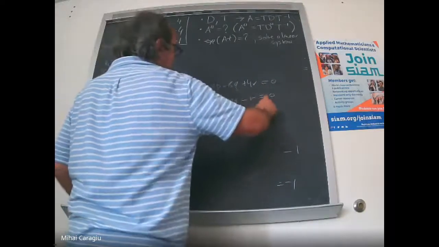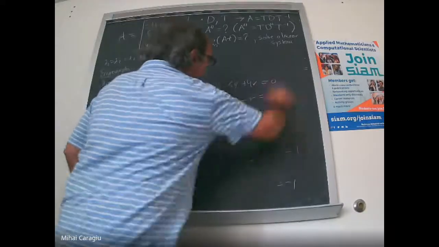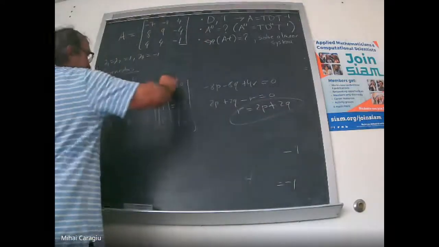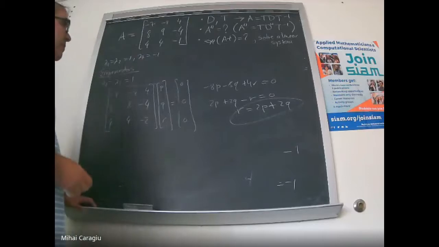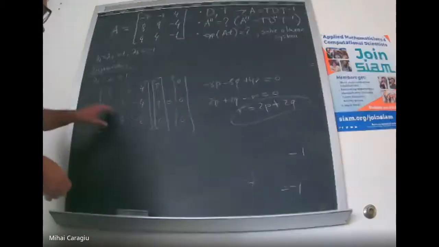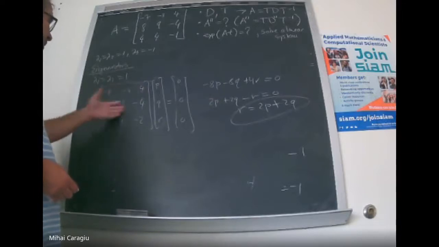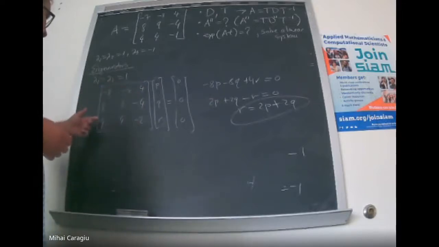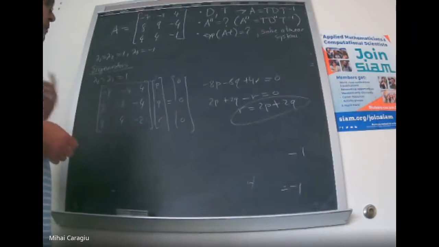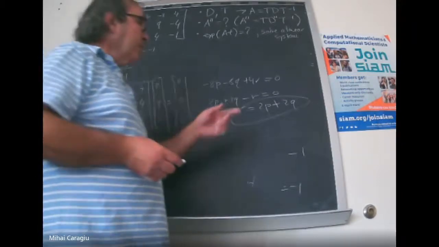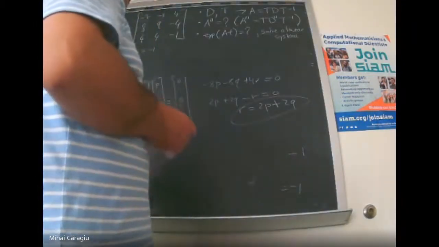That was r equals to 2p plus 2q. That's the first equation, row dot product column. But the second equation is the same: 8, 8, -4 is the same as the equation with coefficient -8, -8, 4, and 4, 4, -2 is the same too. So the other two are redundant.